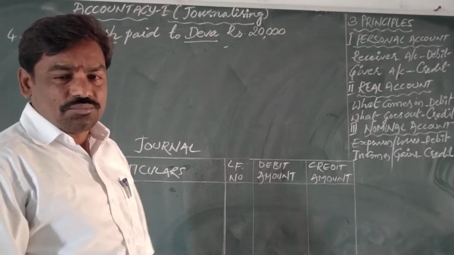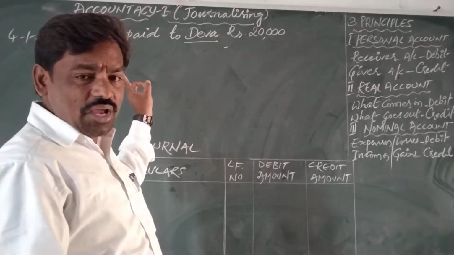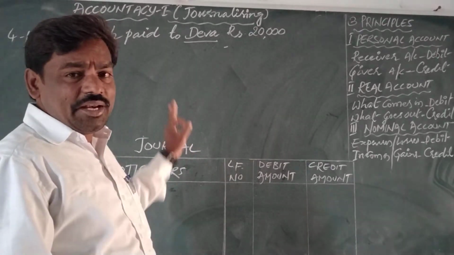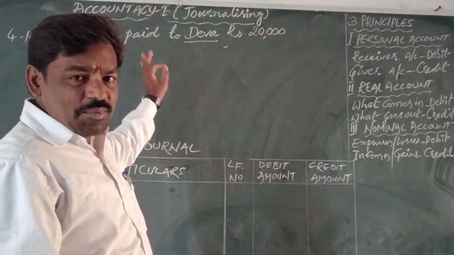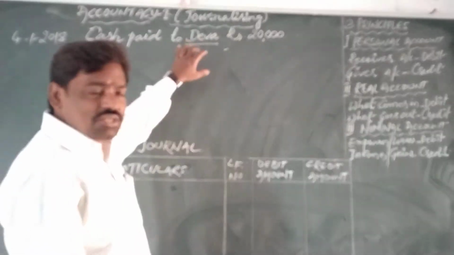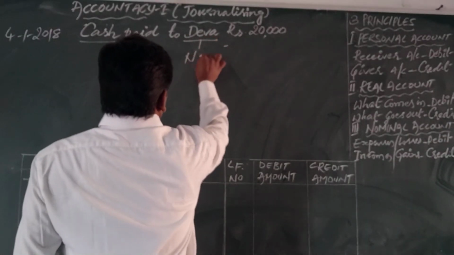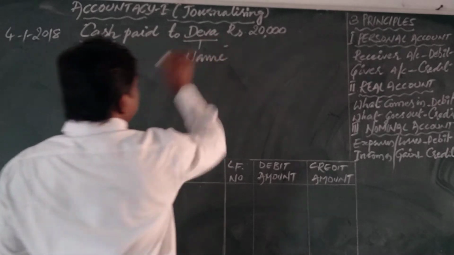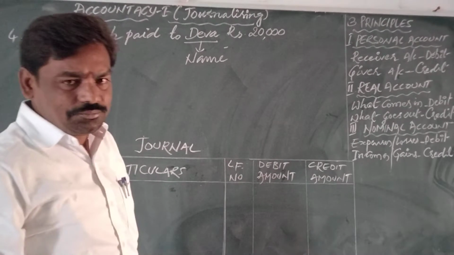We need to observe the transaction and recognize the name of a person, institution or organization. Yes, in this transaction there is the name of a person. So I underlined it and wrote it as name.